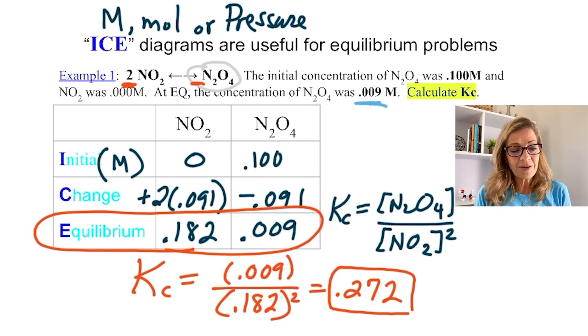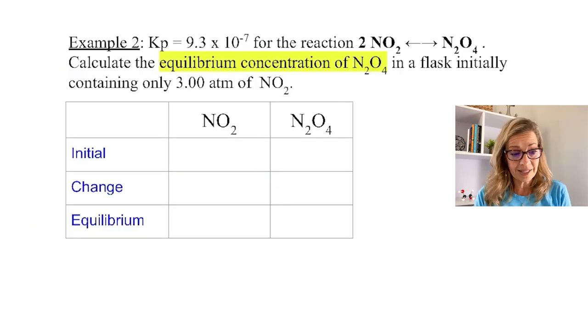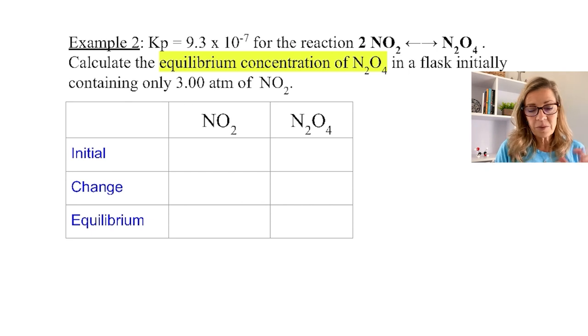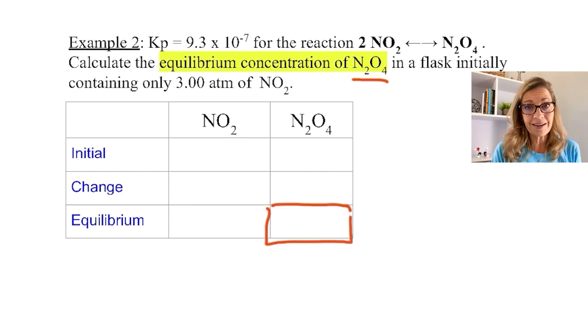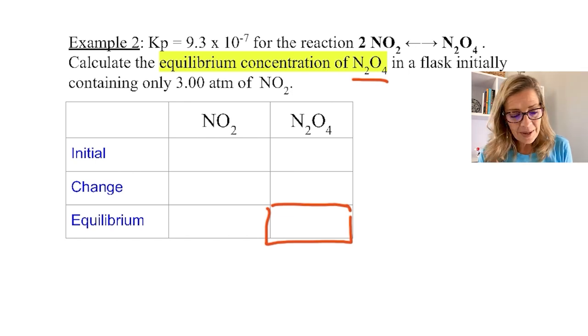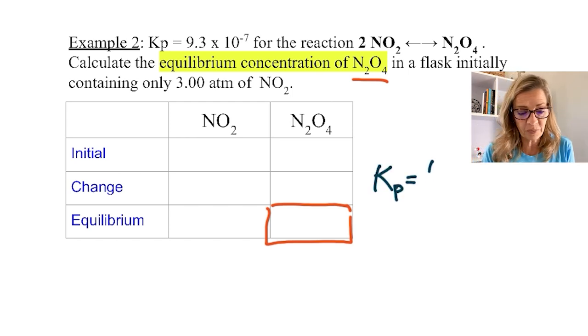Now let's look at another problem where we can use this ICE table. Same reaction. This time I want to find the concentration of N2O4 at equilibrium. So I'm looking for this box. All right, so let's see what's given. Well, I've got the Kp. Kp is an equilibrium constant, but we're just dealing with pressure, so I'll write it in terms of pressure.